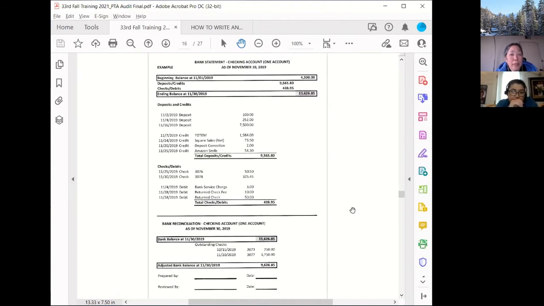Basically, if there's a difference in your ending balance between your treasury report and your bank statement, the bank reconciliation is the process of figuring out why there's a difference. A lot of times it's checks that haven't cleared yet. So that's what that process is. And yes, if you use MyPTEZ, in addition to generating the treasury reports and other things, there is a module for bank reconciliation.